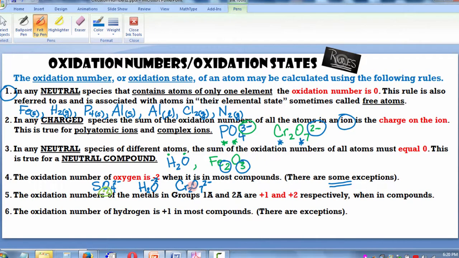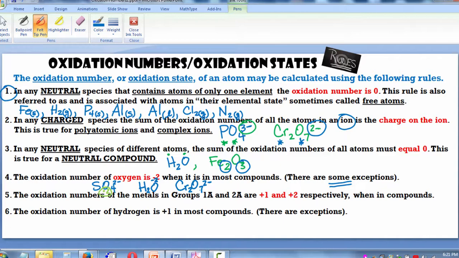Okay? We're assigning oxidation numbers in a compound or in a neutral species that only contains the atom itself. It only contains one element.